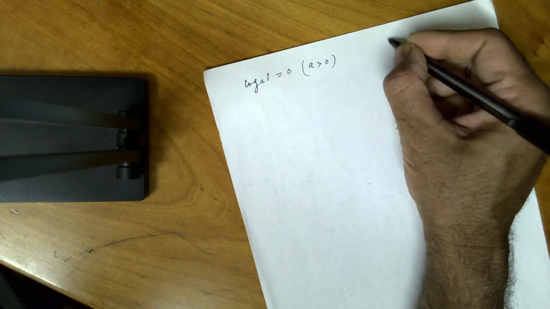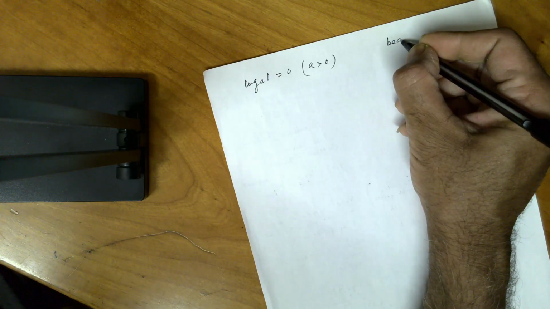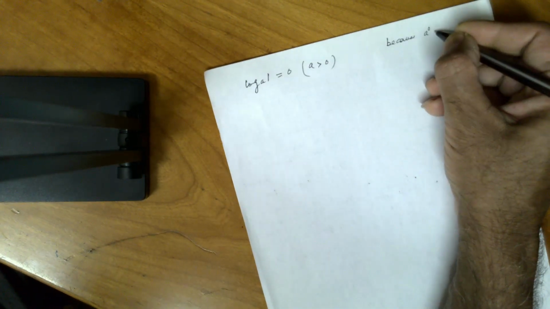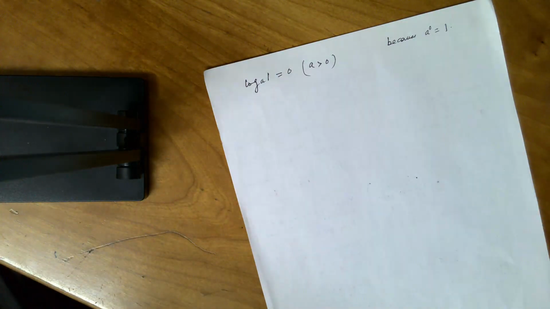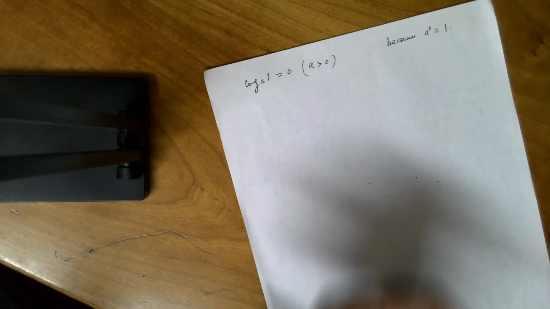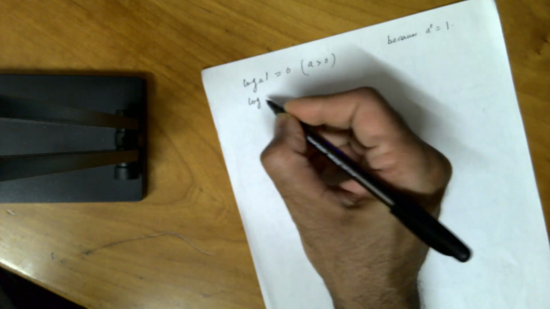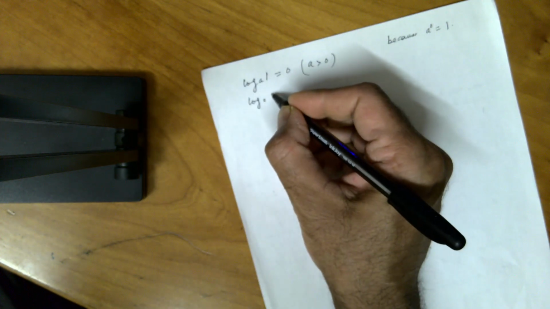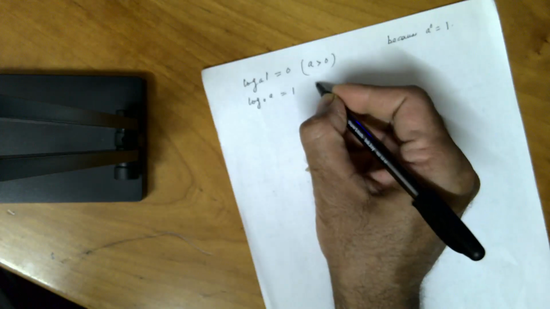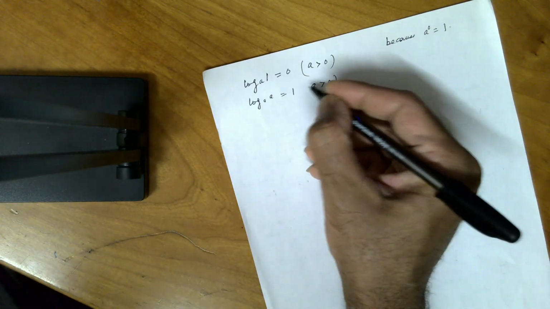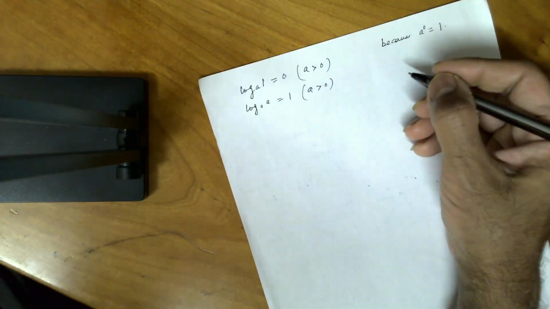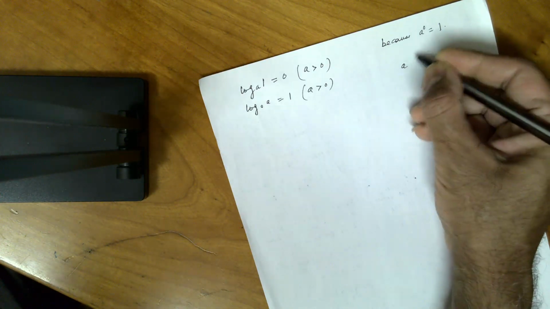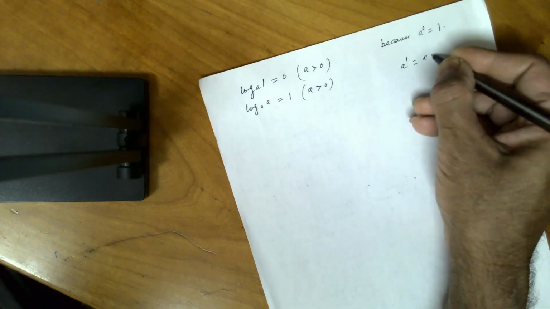Just remember this please, because a to the power 0 is equal to 1. If you have a logarithm of a to the base a equal to 1, where a is greater than 0, because a to the power 1 is equal to a.